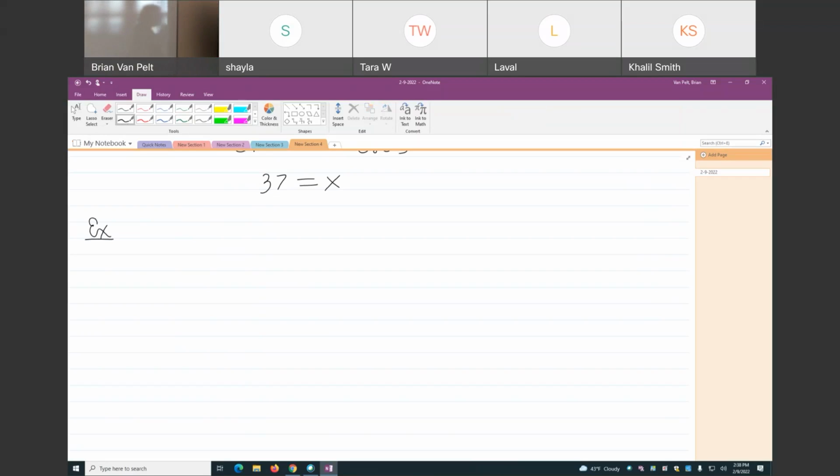I just want to make sure that I cover all the types of problems that you have. Here we've got negative 21n plus 22 equals 3 times 4 minus 7n plus 10.